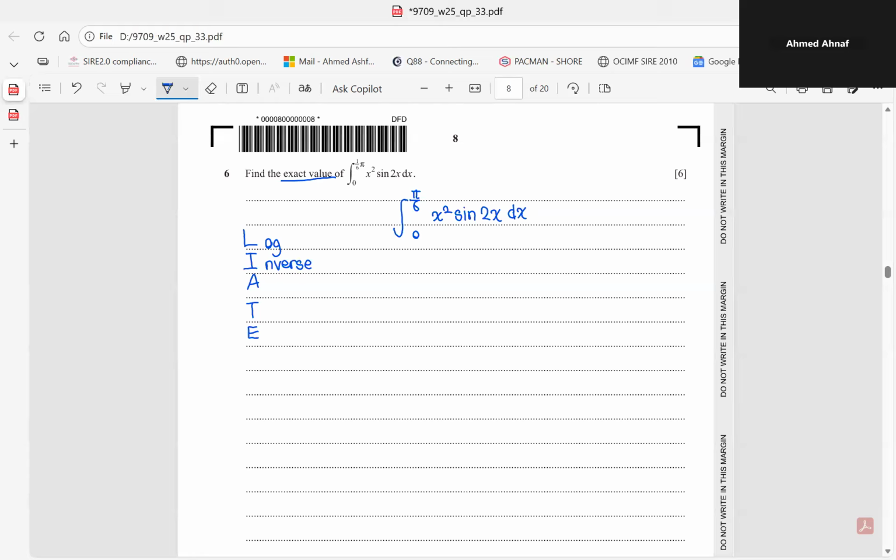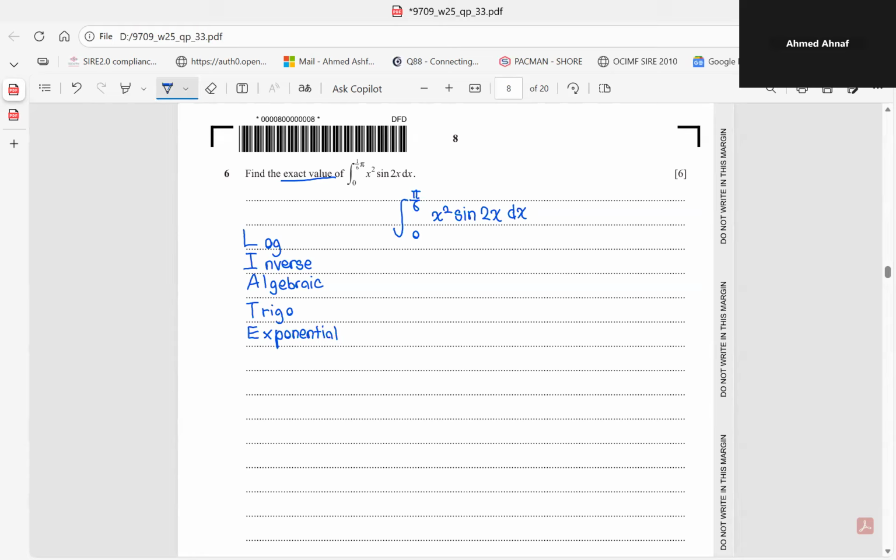For us, we only have tangent inverse. A is for algebraic, like your polynomial x cubed plus 2x squared, basically anything with x. T is for trig functions, and E is for exponential functions.